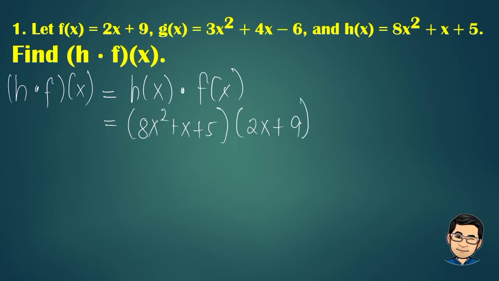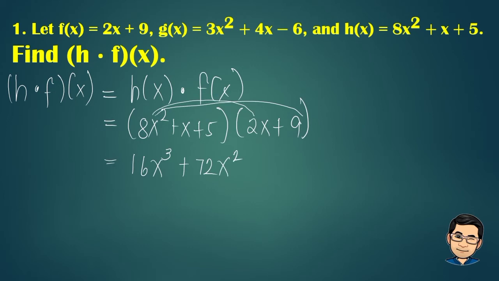Again, magdidistribute tayo dito. So, 8x squared times 2x, 8x squared times 9. So, that is 8x squared times 2x, 16x cubed. Next, 8x squared times 9, that is 72x squared.